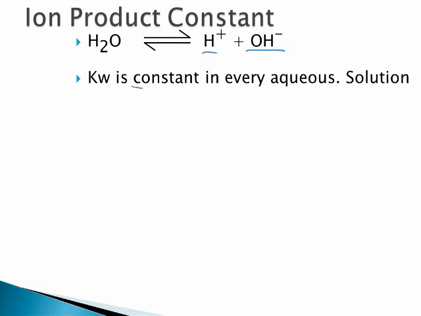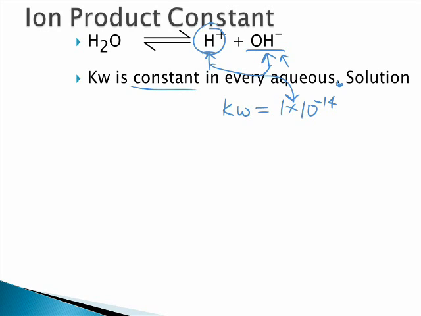Kw is constant in every aqueous solution. That means Kw will always equal 1 times 10 to the minus 14. Always. No matter what the concentration of hydrogen or hydroxide, they will multiply together to give 1 times 10 to the minus 14. So if we add extra base, there's going to be a shift of hydrogen.